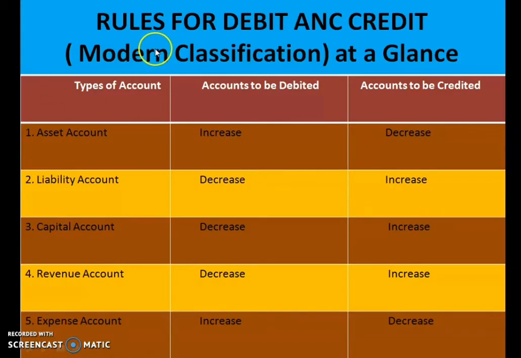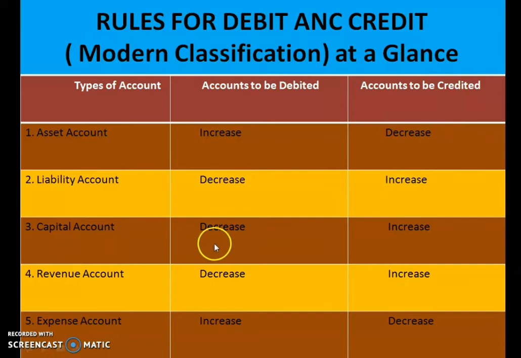Now at one glance itself, let us have a quick review of the rules we have studied. Asset account, you have to debit if it increases and credit if it decreases. Liability account, you have to debit it if it decreases and credit it if it increases.